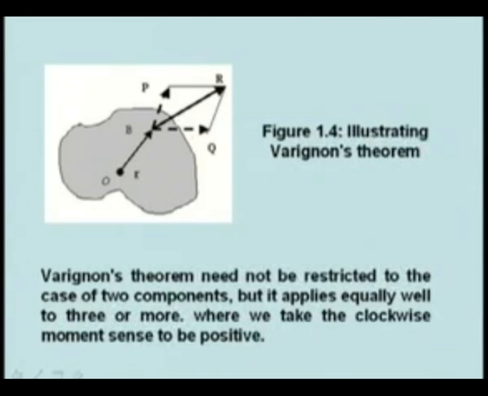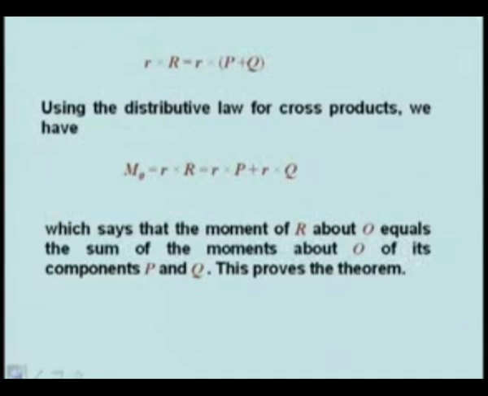Now resolve the force into two components, that is Q and P, and you have to find out the moment about point O here. Now we can see that the moment will be r cross R, but R can be written as P plus Q. So using the distributive law of cross products, we have M0 equal to r cross R, that is r cross P plus r cross Q.